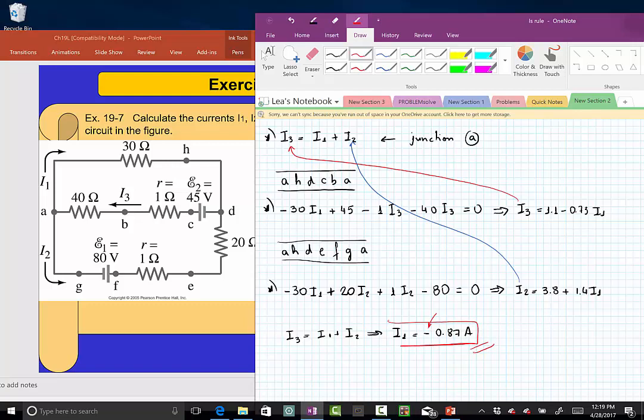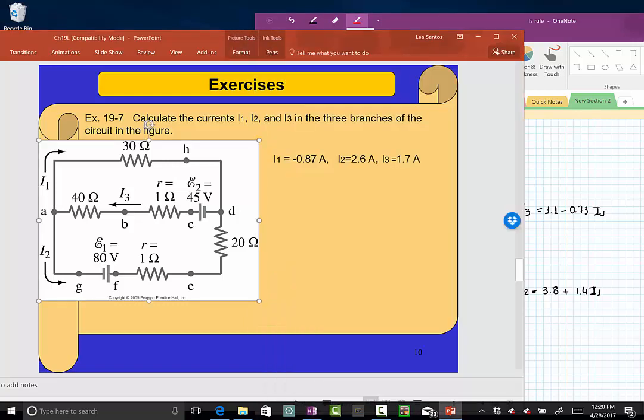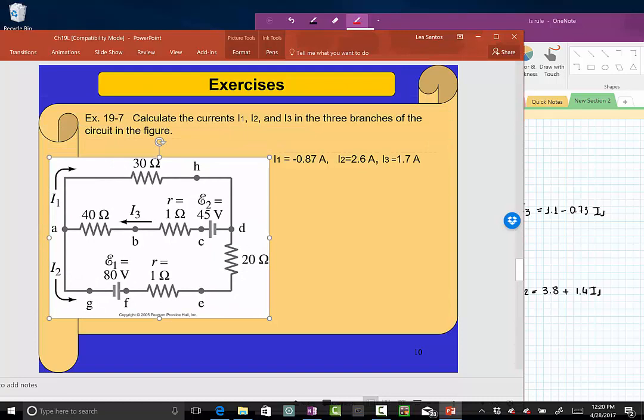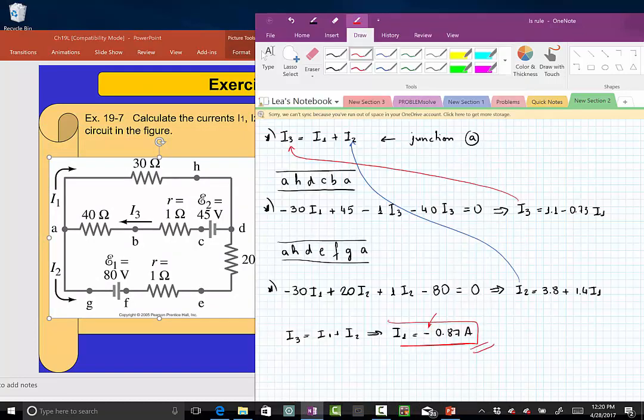The current is actually not going from A to H, but from H to A. So the current I1 actually goes from D to H to A. That's what I told you: even if you choose the wrong direction of the current, you will find it out at the end when you get the numbers.